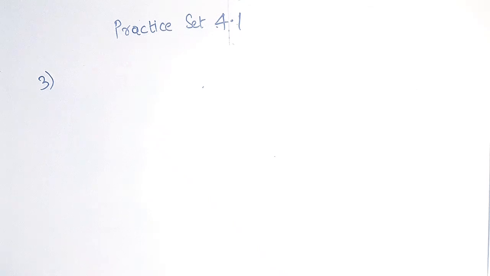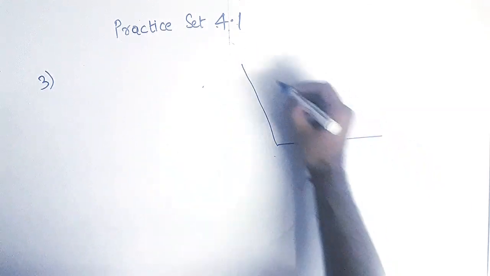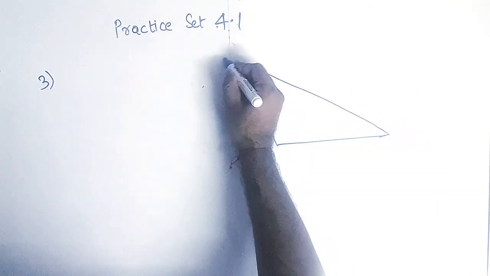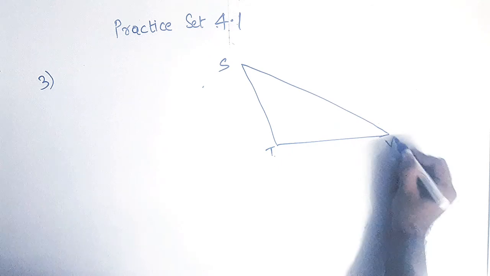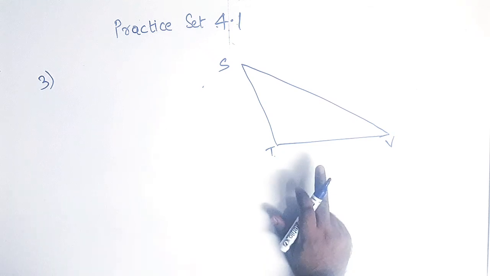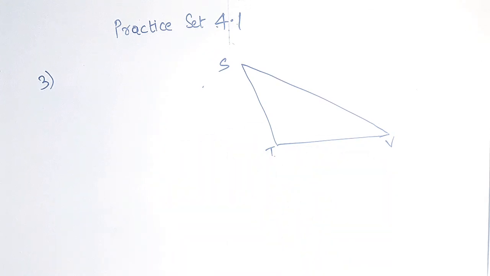They have asked to draw an obtuse angle triangle STV. So we'll be drawing an obtuse angle triangle STV. When they ask to draw an obtuse angle triangle, it simply means that only one of the angles will be obtuse, the other two have to be acute. So let us start.